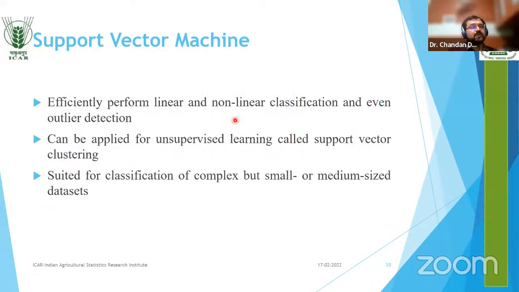So why is the support vector machine important? Because unlike regression, it works very well on linear and non-linear classification, and even outlier detection. And as I said, the support vector machine can also be used for clustering, that is, we can also use it for unsupervised learning.